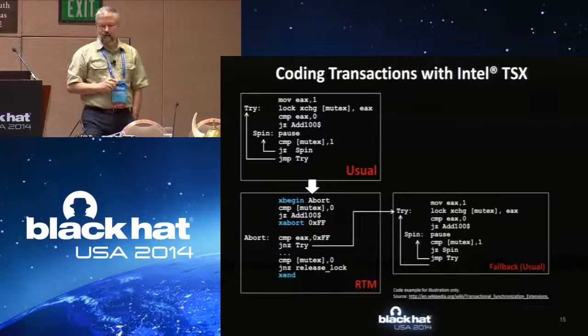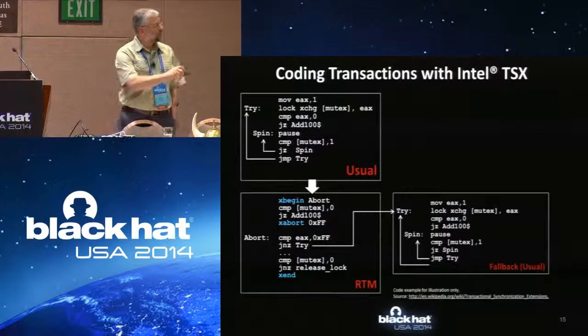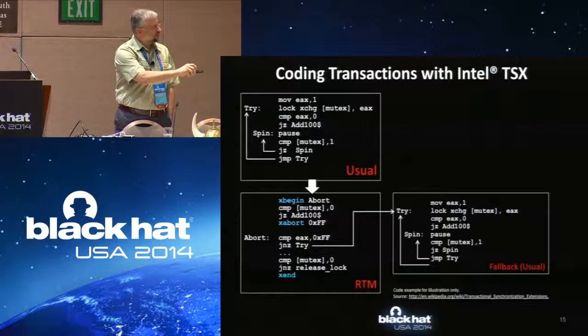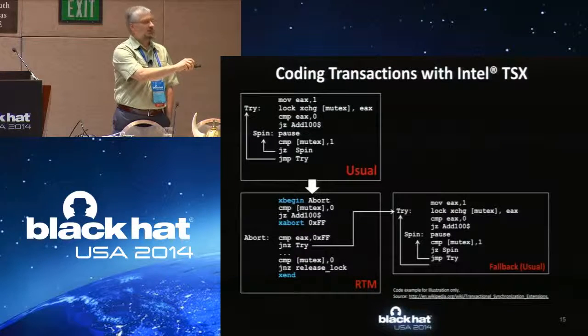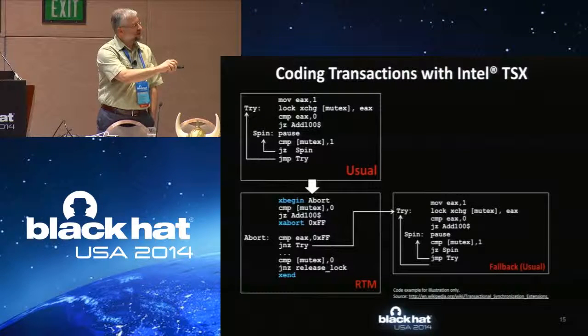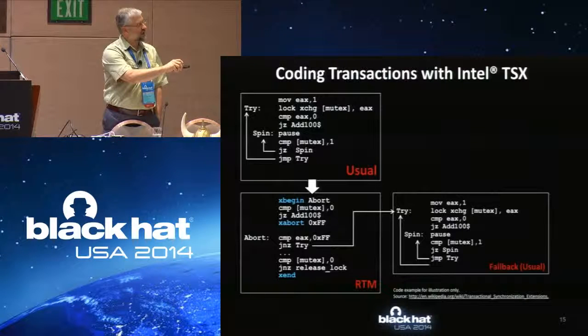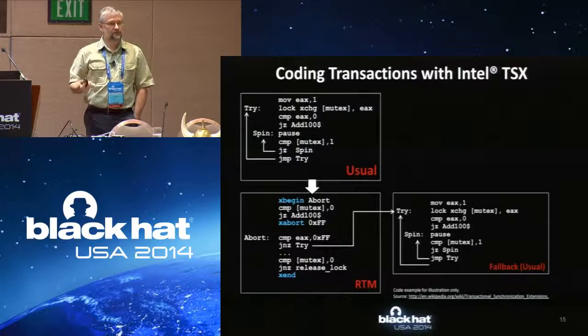But in restricted transactional mode, you can do a lot more. You write a whole new routine, which speculatively adds $100. And if that writing created a conflict, which is called an abort, the abort location is specified in the first instruction, XBEGIN. The abort is the offset of that routine, and it handles the conflict.